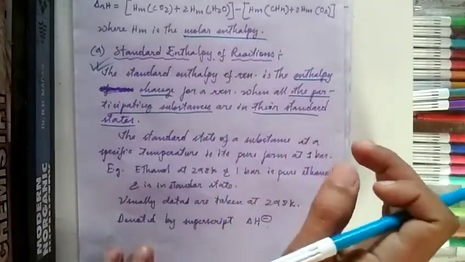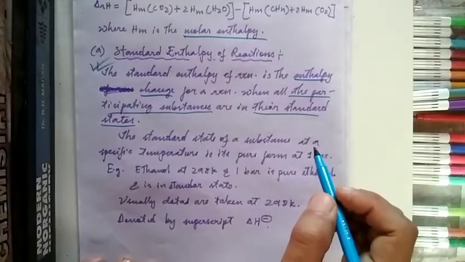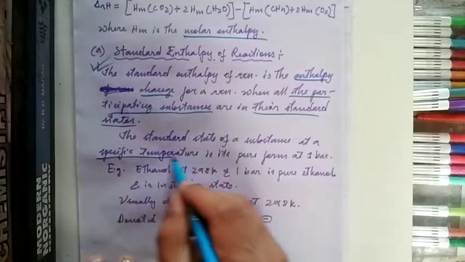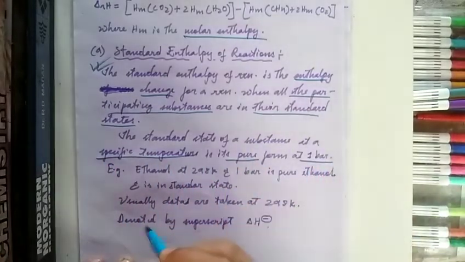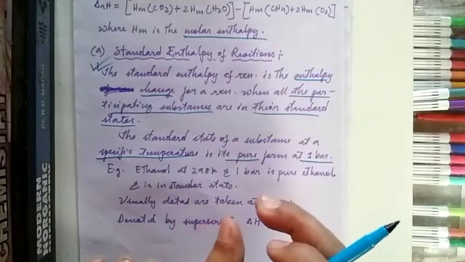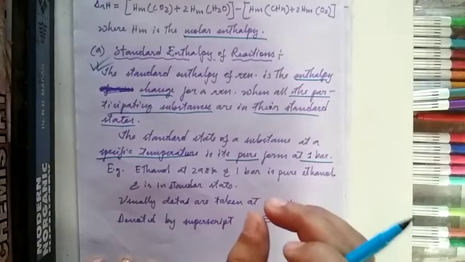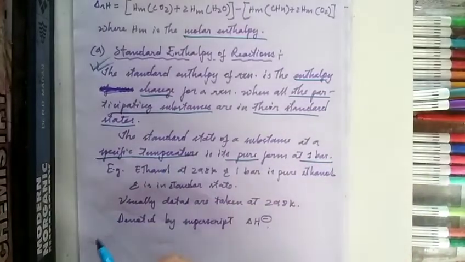So what is standard state? Standard state means a substance at a specific temperature in its pure form at 1 bar pressure. The standard state of a substance means it should be in pure form at 1 bar, at a specific temperature.